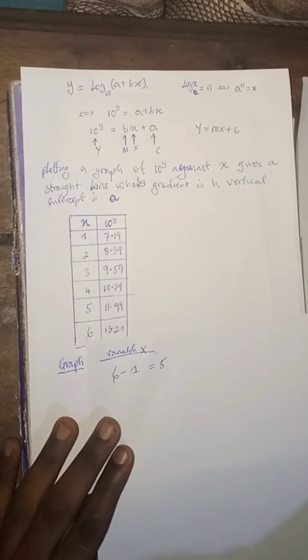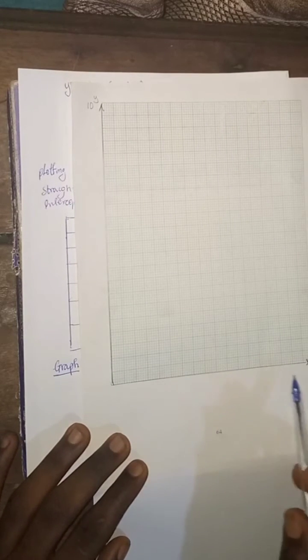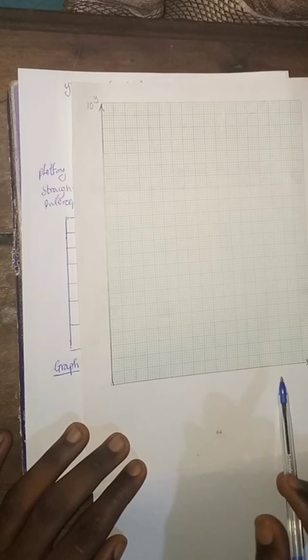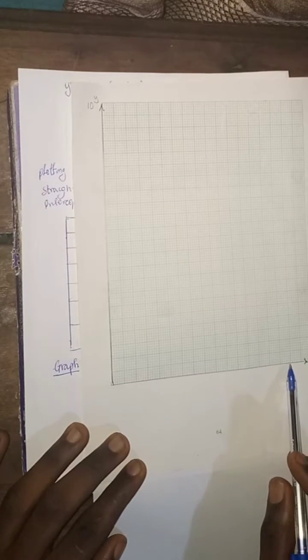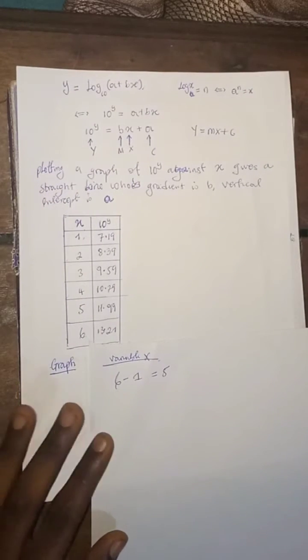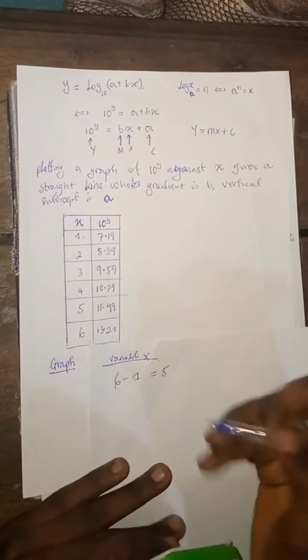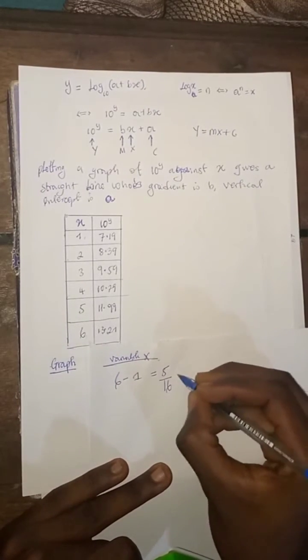Now, since I'm plotting x on the horizontal axis made of 18 lines, 18 centimeters, rather than using 18 centimeters, I'll decide to use 16 for safety purposes. So I'll take this one divided by 16.